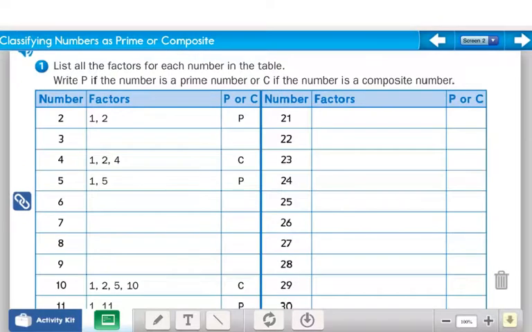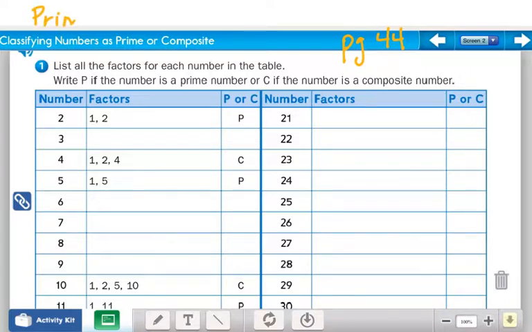So we're going to be working in our math journal at this time. We are on journal page 44. So if you would open to journal page 44. And at the top it says classifying numbers as prime or composite. A couple of little reminders.